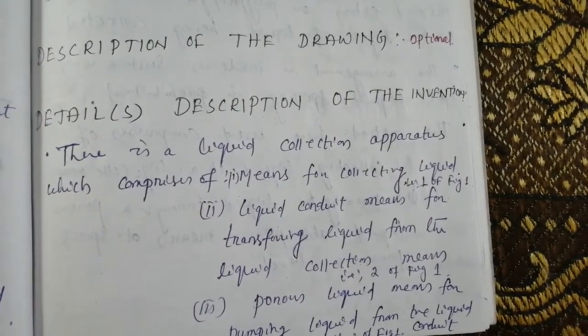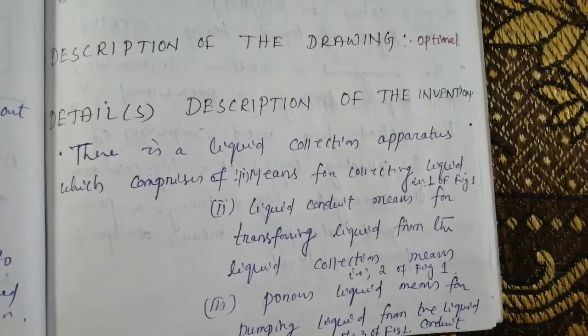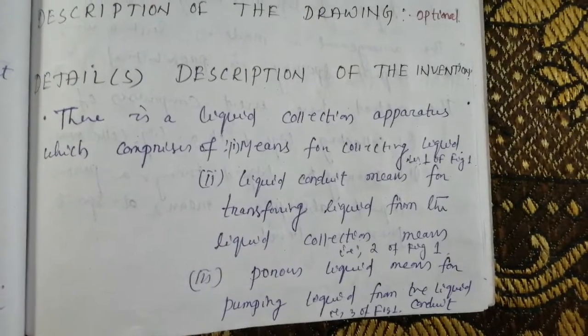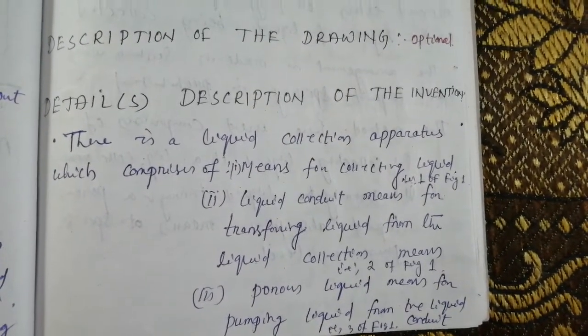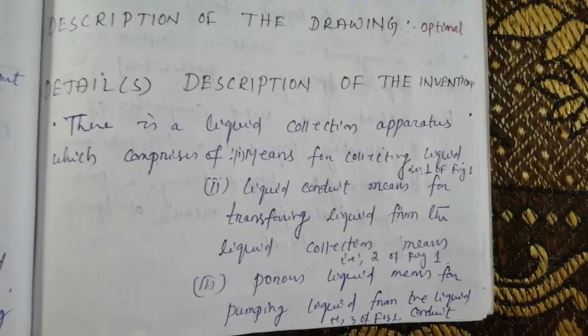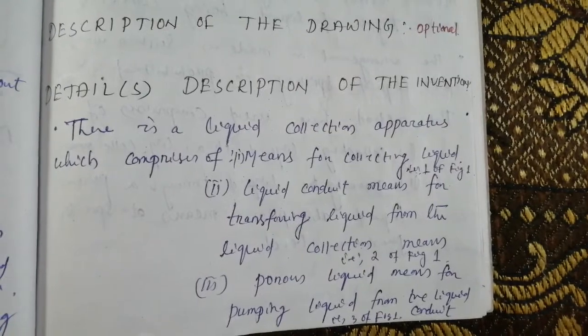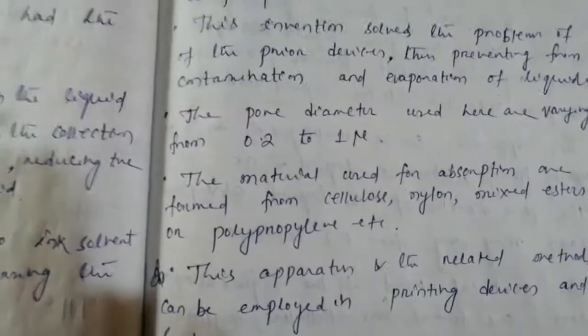Point number 2 is liquid conduit means for transferring liquid from the liquid collection means, that is 2 of figure 1. Point number 3 is porous liquid means for pumping liquid from the liquid conduit, that is 3 of figure 1.